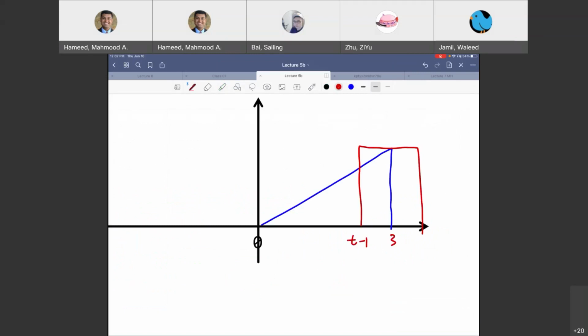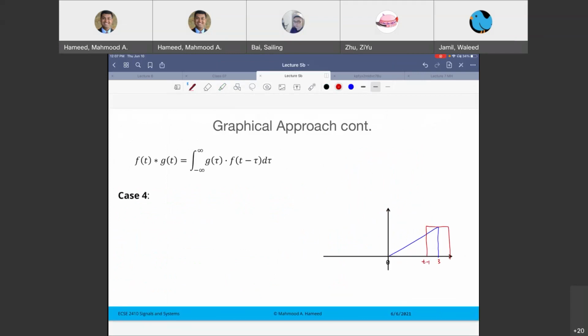T minus 1 and 3. Until when is this going to continue? T minus 1 less than 3, right? The lower limit was 2, the upper limit is going to be this. This means what? T is less than 4. So 2 to 4, it does that.